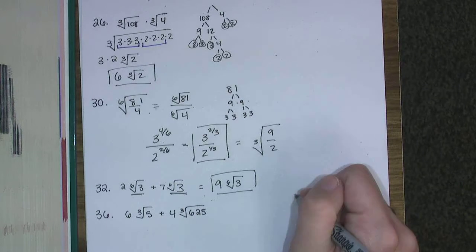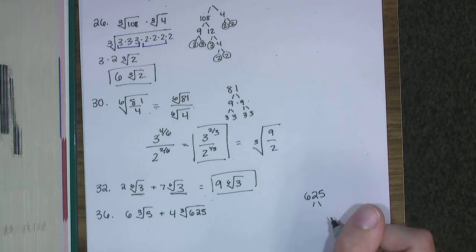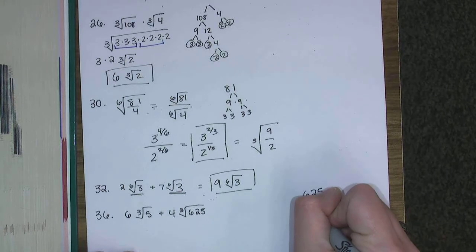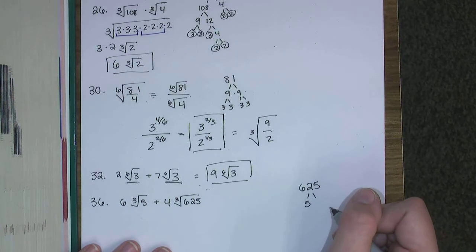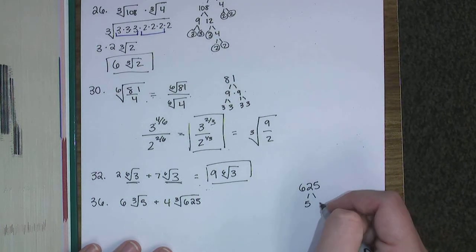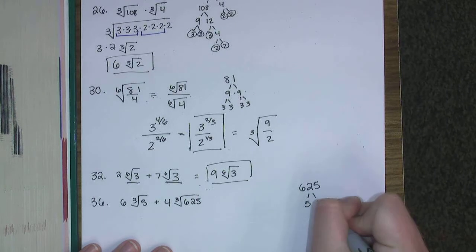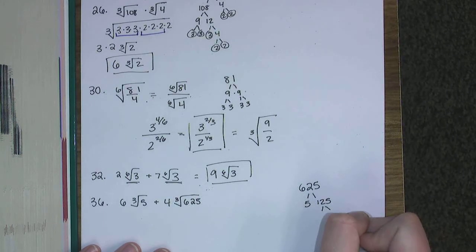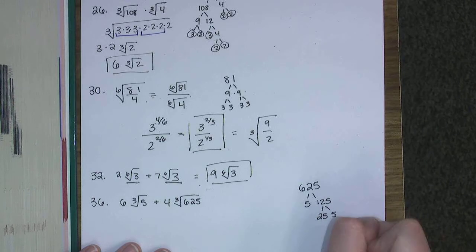I know I could pull a 5 out, and just using my calculator to do some of these quick maths, you're welcome to do that. 625, take out a 5, leaves me with 125. 125, I could take out a 25 and be left with 5, and then 25 is 5 and 5. That seems like this could be helpful here, because I could rewrite this. I have 4 5s here.